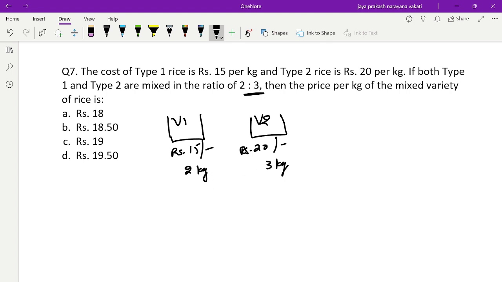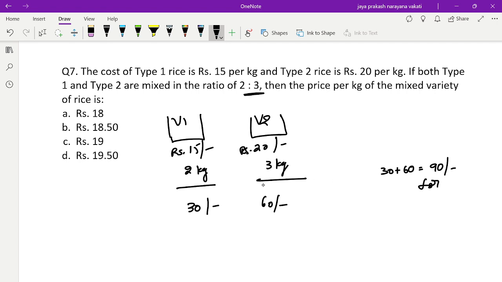Simple, he's asking the price per kg of the mixture. So find the total cost. If he's buying 2 kg at 15 per kg, his cost price is 30 rupees. 3 kg at the price of 20 is 20 into 3, 60 rupees. So the total cost is 30 plus 60, which is 90 rupees for how many kgs?